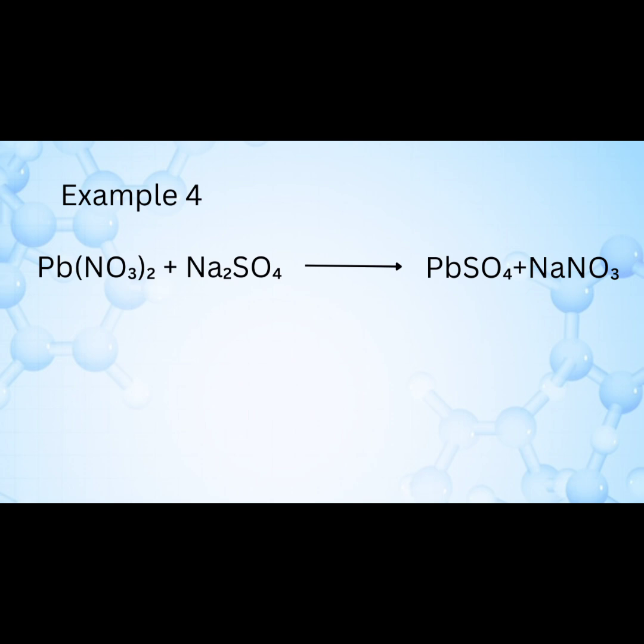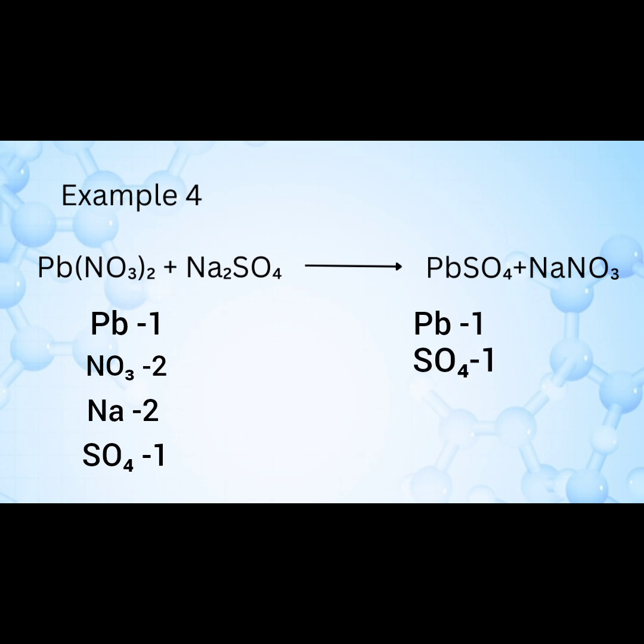In the fourth example, I have considered the reaction between lead nitrate and sodium sulfate. Now, let us count the number of molecules on both sides. The number of lead molecules in LHS is 1, nitrate is 2, sodium is 2, sulfate is 1, whereas in RHS, lead is 1, sulfate is 1, sodium is 1 and nitrate is 1.